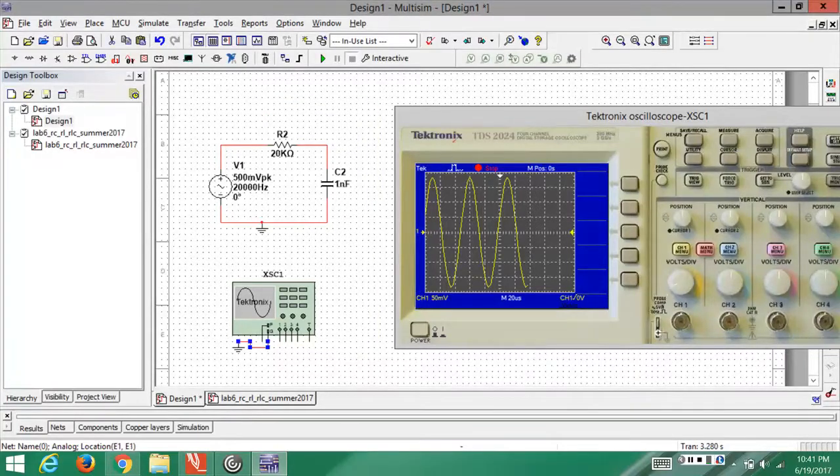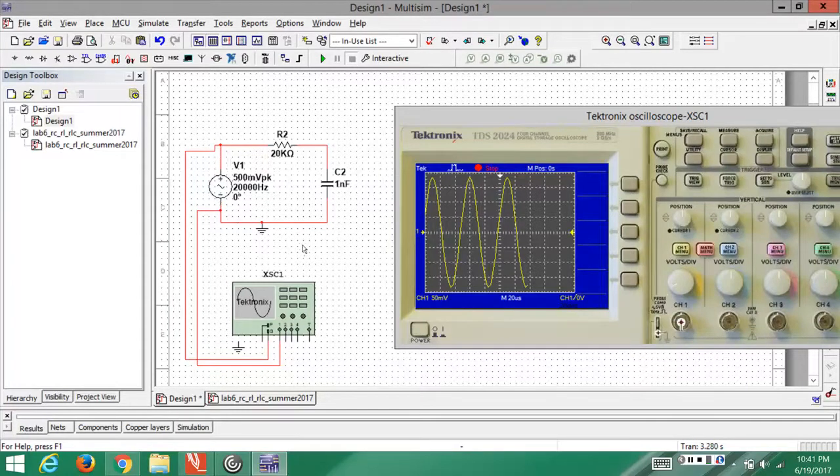I'll get rid of this ground, and I will have a ground somewhere in between these two components, let's say over here. Then I will have channel 1 hooked up to the negative side of the power supply, because right now my ground is on the positive side of the power supply, and I'm measuring the voltage using this ground as a reference.